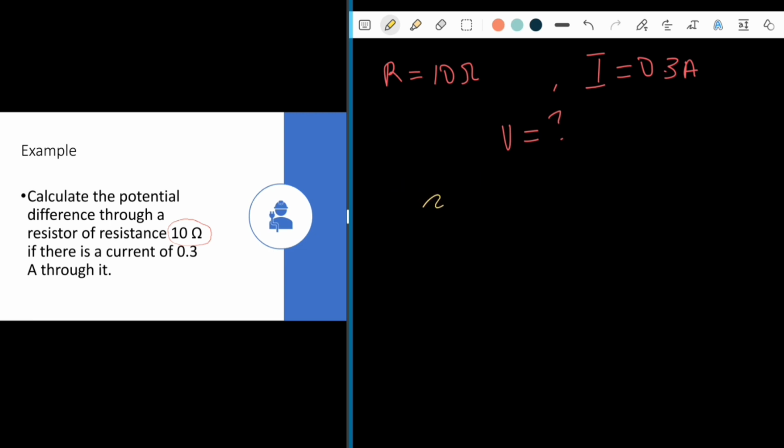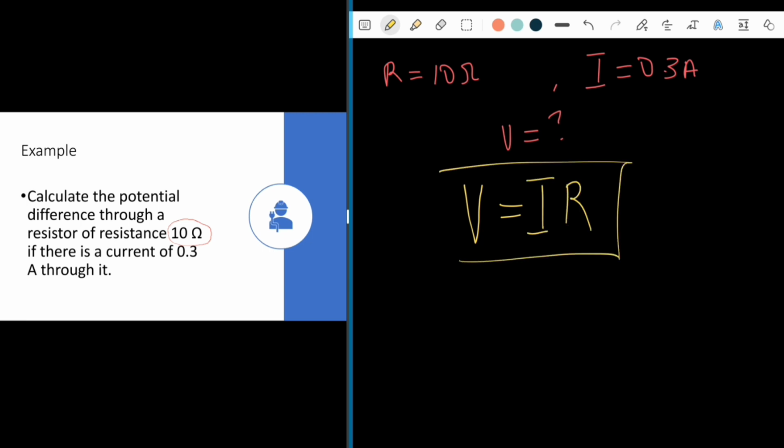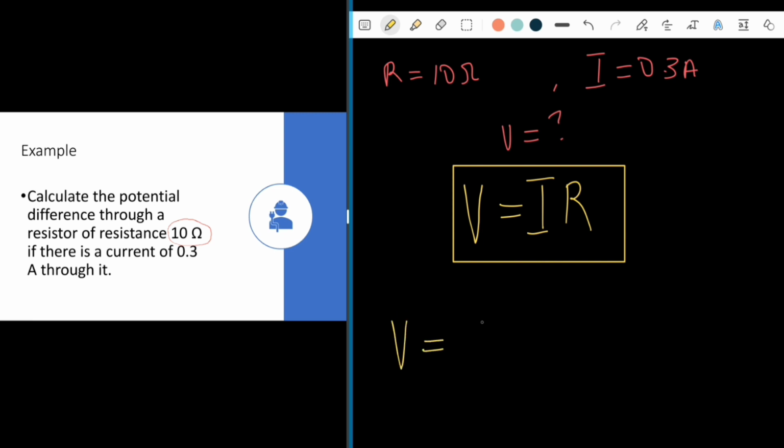So the next step is to write out the equation that connects these three parameters. The equation that fits that description is V equals IR, and easy peasy. Then we'll substitute our values. I for 0.3, then R for 10.